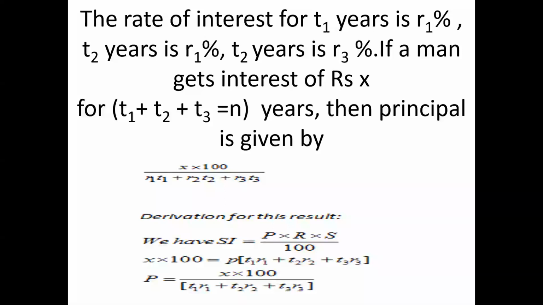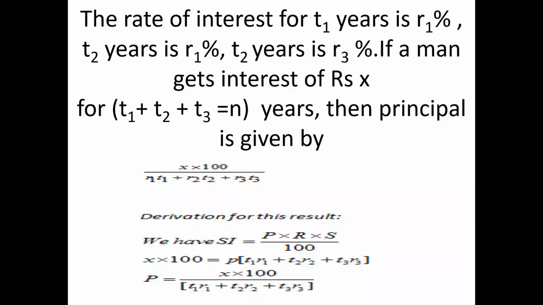If it is T2 years, then the rate of interest will be R2, and then T3 years for R3 percent. If a man gets interest of RX, then the total number is T1 plus T2 plus T3 equals n years.